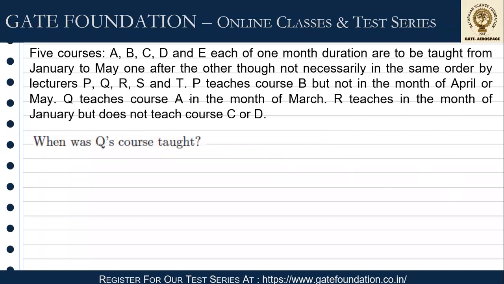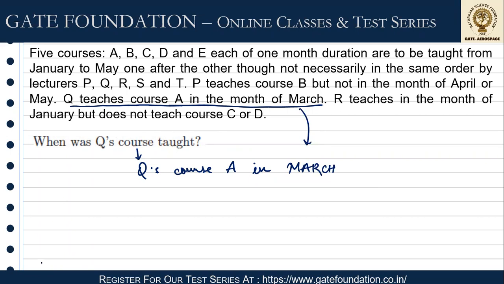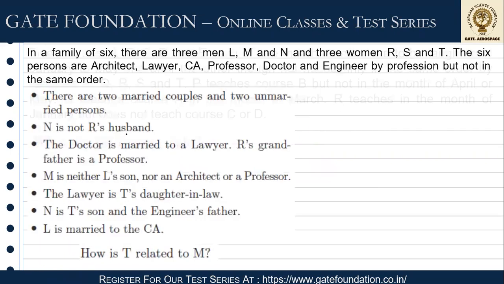Okay, it has been given in the question as well directly. Q teaches course A in the month of March. This has been given directly. This one more question for the day. Try to solve this.